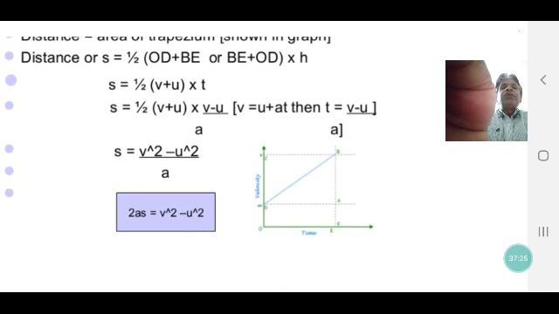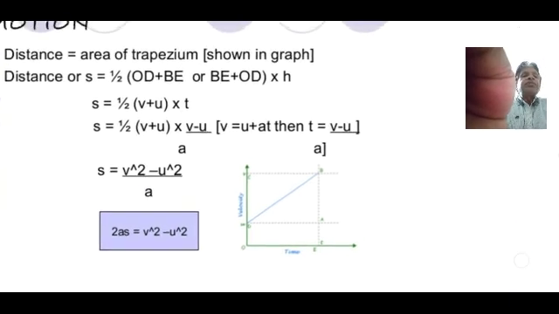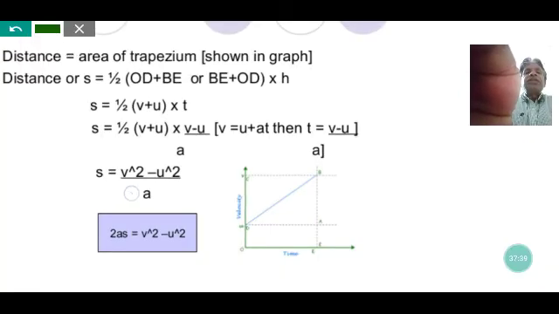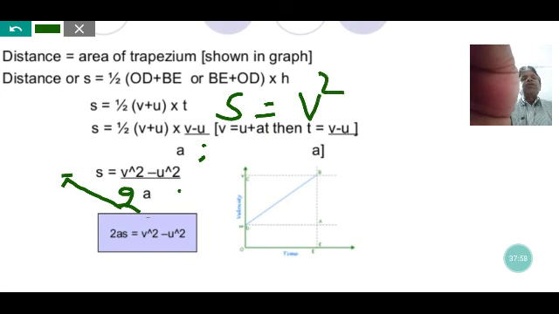Now twice A here, we get the LCM. Here, with twice A, and V plus U into V minus U, we get the value V square minus U square over twice A. If twice A is transposed to the left hand side, we get twice AS is equal to V square minus U square.